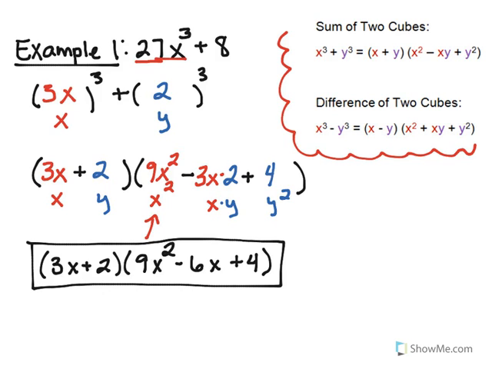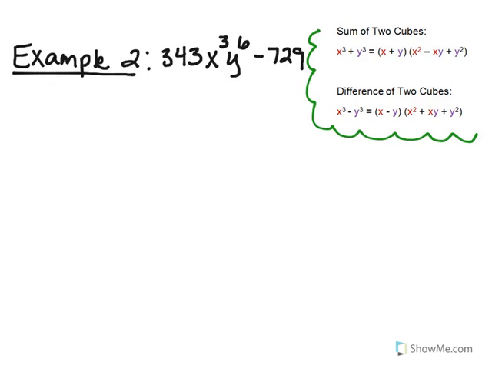So now let's take a look at an example where it's a difference of 2 cubes. Okay, so let's say this is my example. I have 343x cubed y to the 6th minus 729. Now, first of all, before we do anything else, we have to write this as a difference of 2 numbers or values that are being cubed.